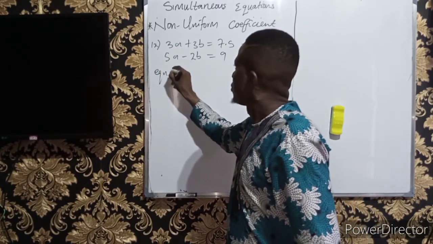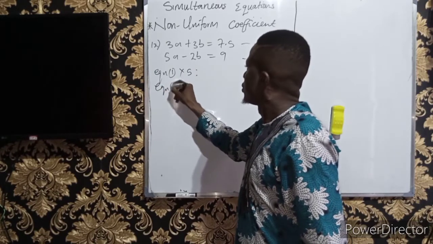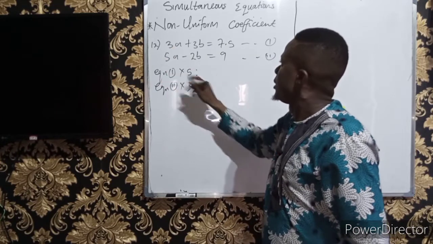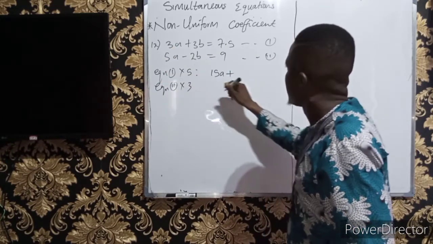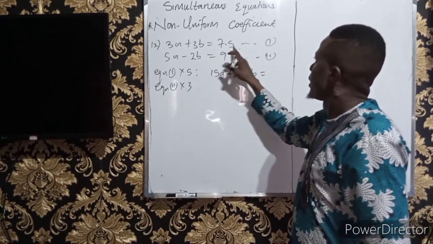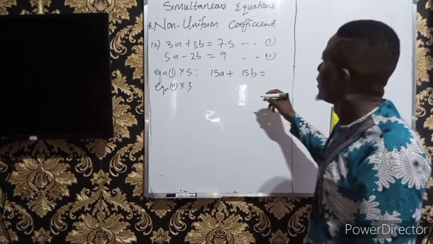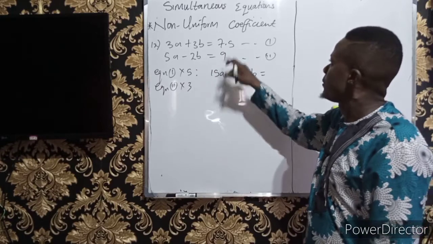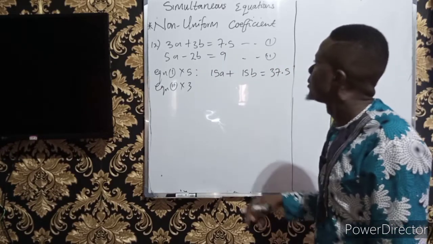So I can just say equation 1 times 5 and then equation 2 times 3. 5 times 3a will give us 15a plus 5 times 3b is 15b equals 5 times 7.5. No, 5 times 7 is 35, 5 times 0.5 is 2.5, so it will give us 37.5.